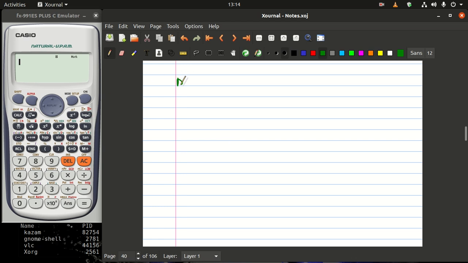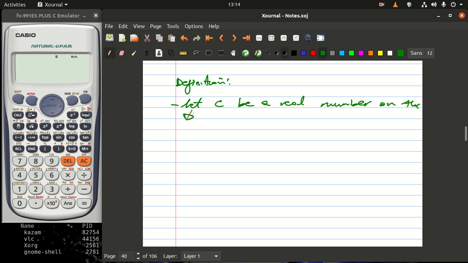There are also other definitions here, because I want you to know these things. So the first one, we usually say, let C be a real number. So it is a real number on the domain Df of a function f, right?